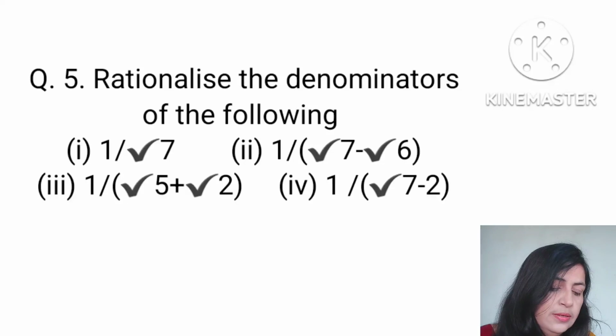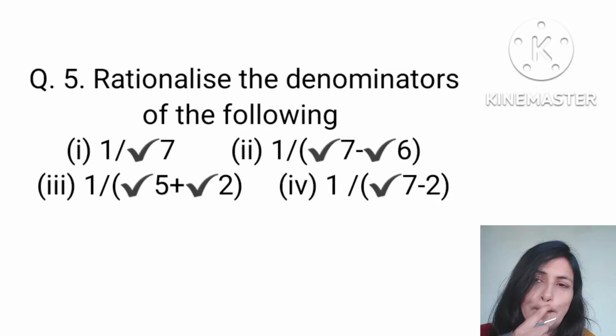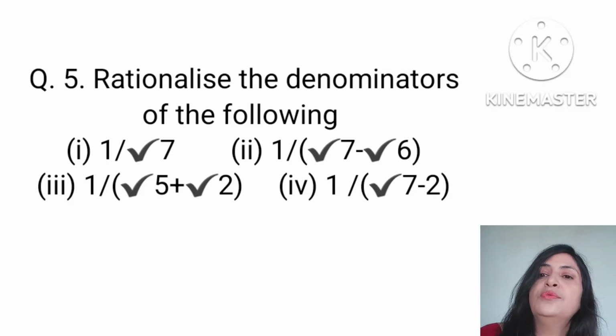So 1 by (root 7 minus 2) is equal to (root 7 plus 2) by 3. Thank you.